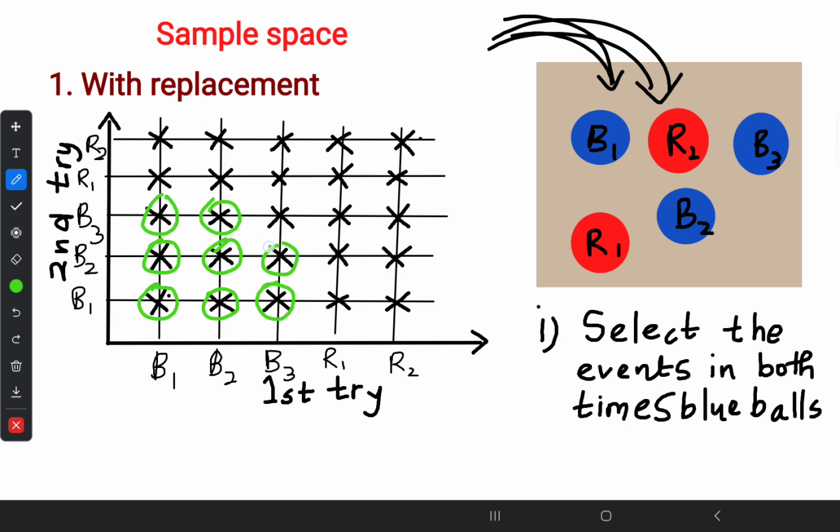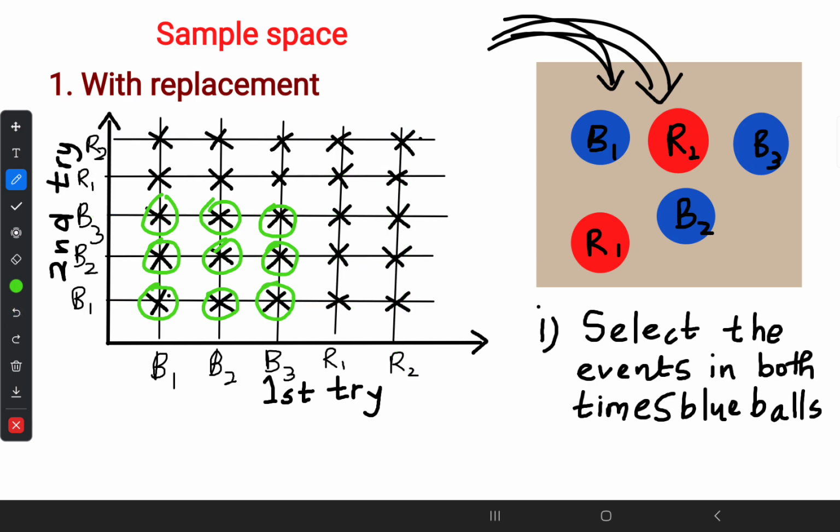In these three instances we will get both blue balls. Blue red, blue red, we don't want those probabilities. Here, first time red, next blue, we don't want that. Red blue, red blue, red red, we don't want any of these. Here also, red blue, red blue, blue red, red red, we don't want these events either.